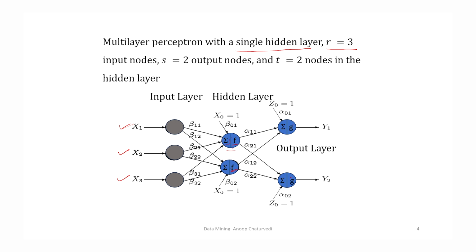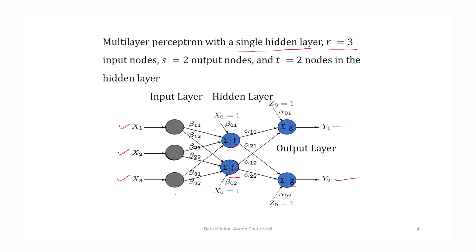So, we get some value here, we get some value here, but basically we are not interested in the output here. And then we combine the output which we have received here to get this output layer. So, for this output layer the output corresponding to this hidden layer becomes the input. And then we apply the activation function g here, and ultimately you get these outputs.